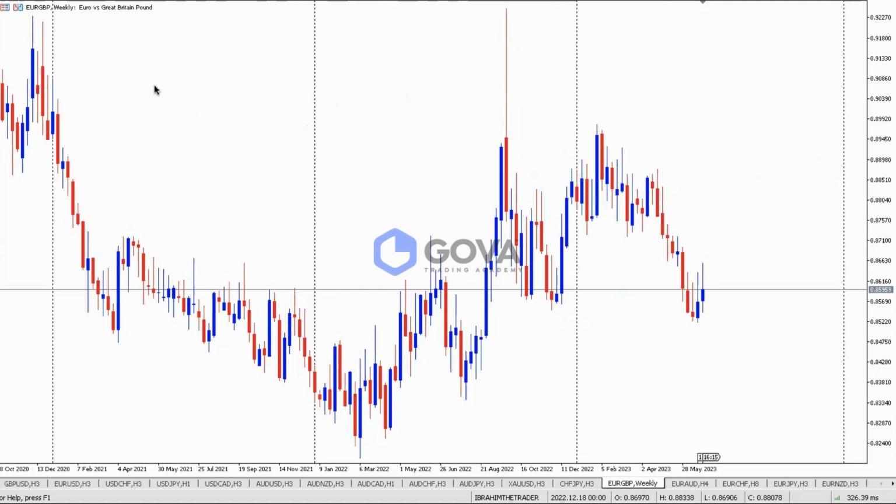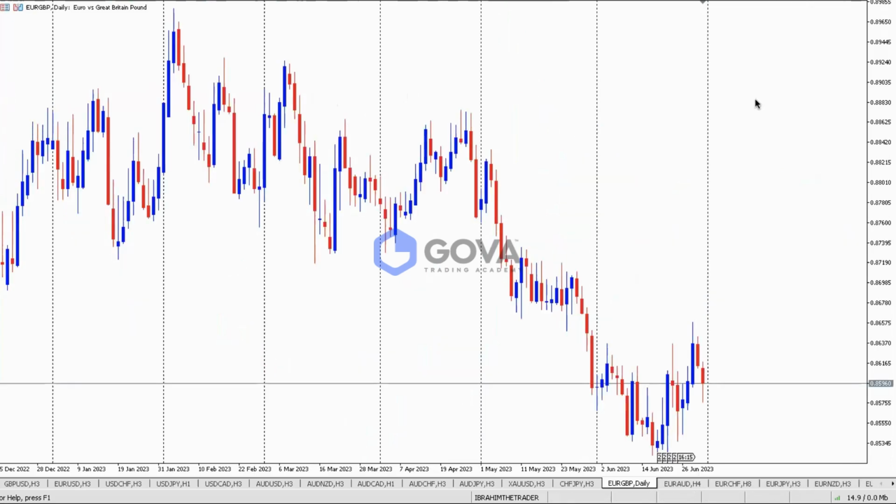The next one we have is the monthly equilibrium line. Now, on the monthly equilibrium line, for the month of June, the equilibrium line is here. So let me zoom out that area. Before I zoom out, I believe you can see that we have a candlestick that looks like this in shape.